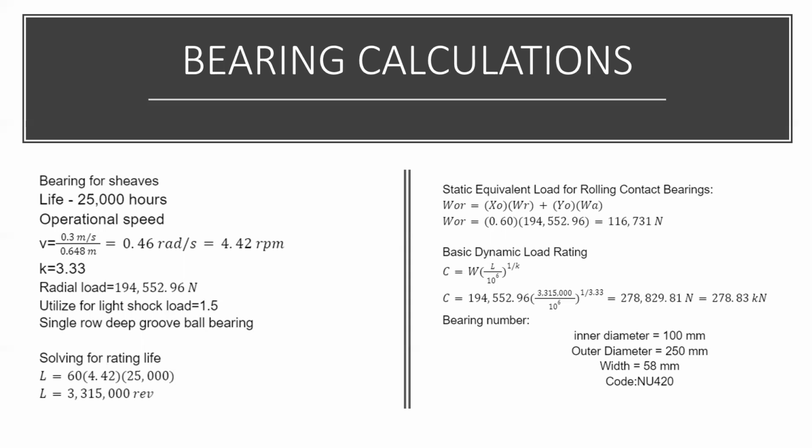Again, we compute for the basic dynamic load rating, and we got this time 278.83 kilonewtons. We searched and got a code for the bearing at NU420, which fits the specifications we needed for the basic dynamic load rating, which has an inner diameter of 100 millimeters and an outer diameter of 200 millimeters, which is 58 millimeters wide. Next.